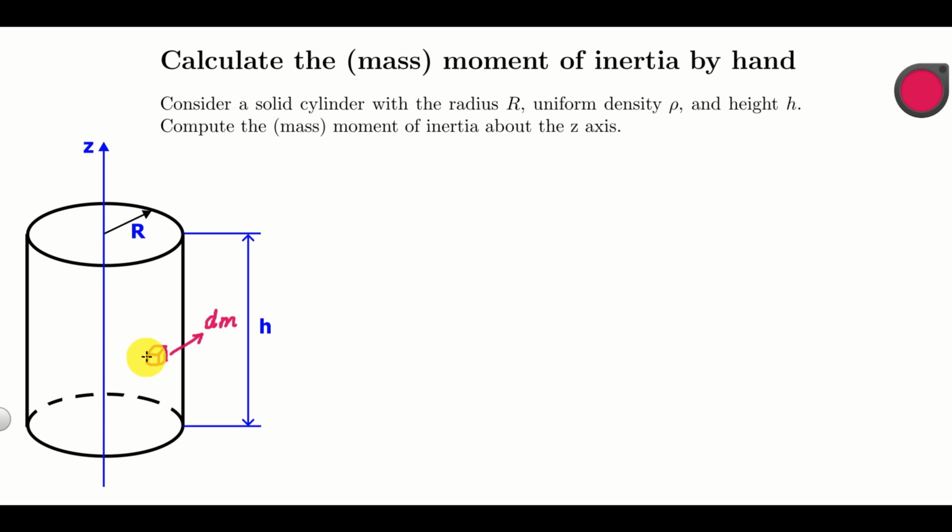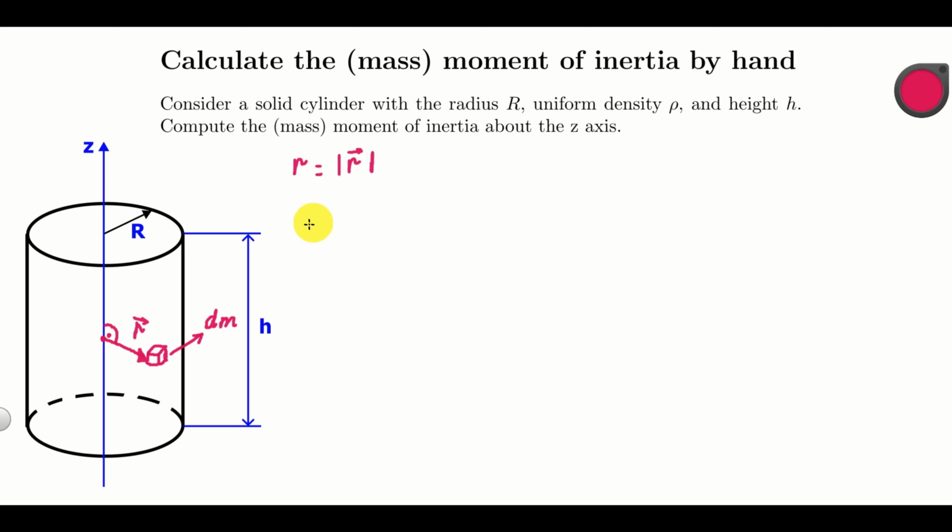Here we denote this distance by this vector r. The vector r starts from this axis z and ends at this piece, and this vector makes an angle of 90 degrees with respect to the axis z. Next, let's denote the intensity of this vector by r. That is, r is simply equal to the intensity of the vector.